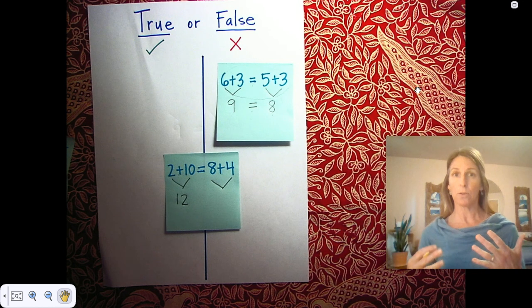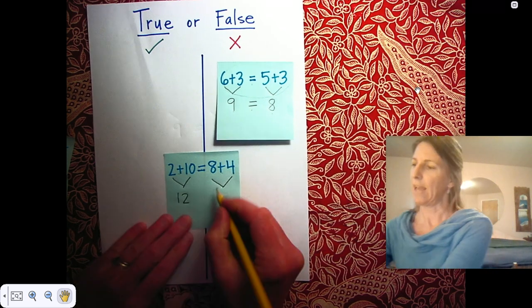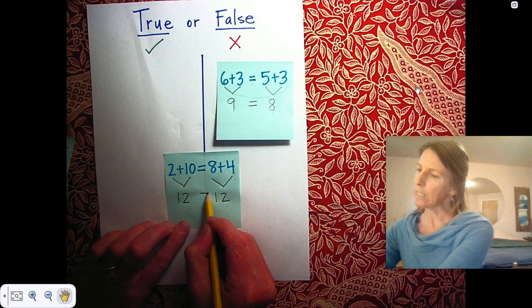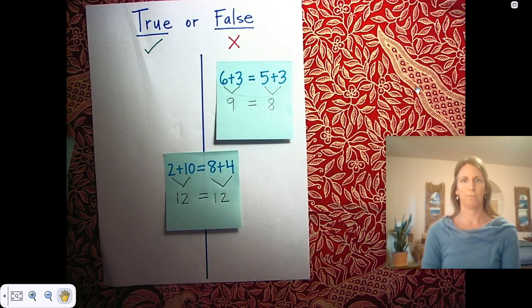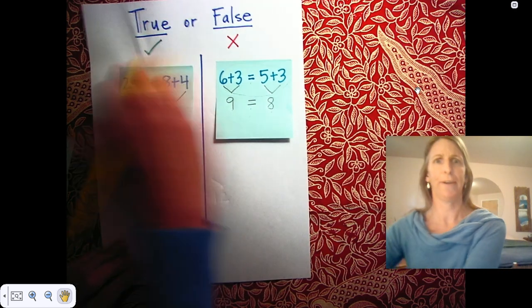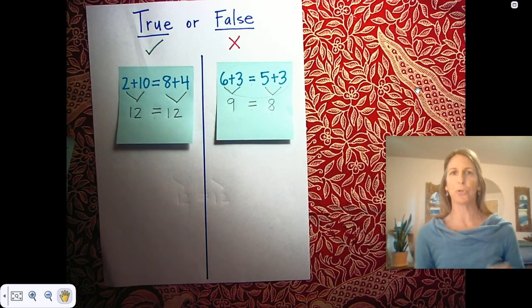Well, I might not know it automatically, but I can just count up. 8, 9, 10, 11, 12. 8 plus 4 is 12. 12 equals 12. True or false? Shout it out. Yes, true. 12 does equal 12. Yeah, all right, there's a true.